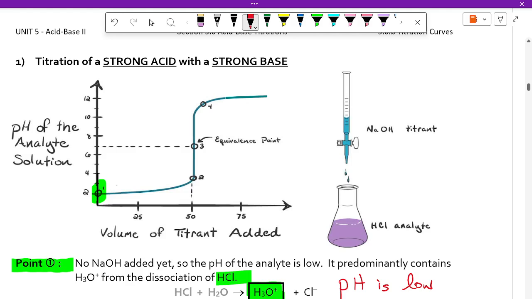What is happening between points 1 and 2? What are we doing? We're adding NaOH. Is the pH going up a lot or a little bit? It's just a shallow slope.